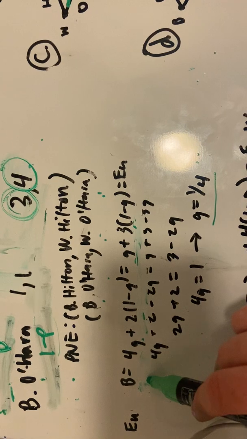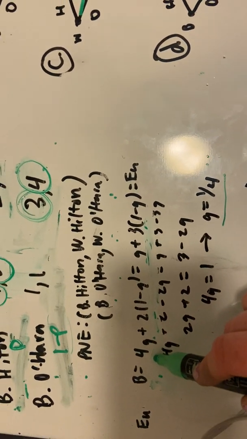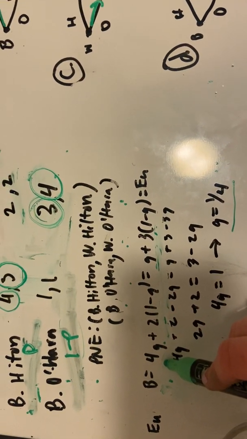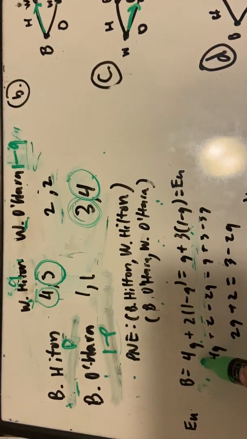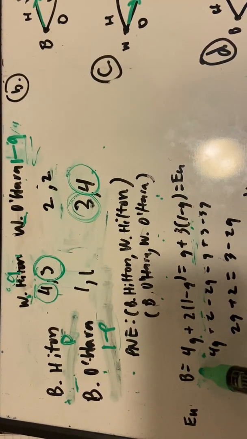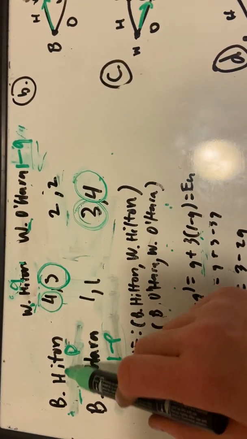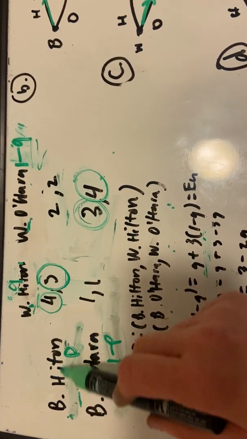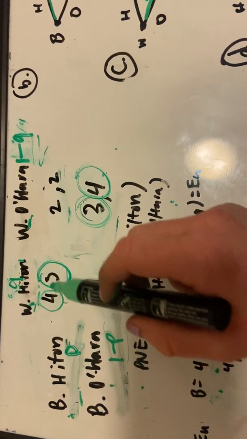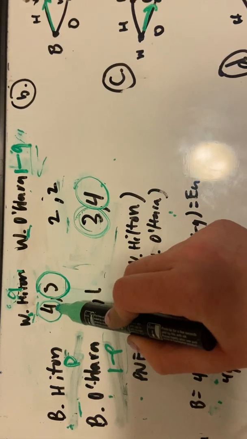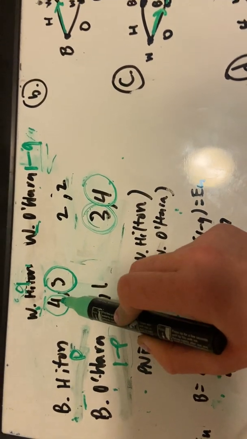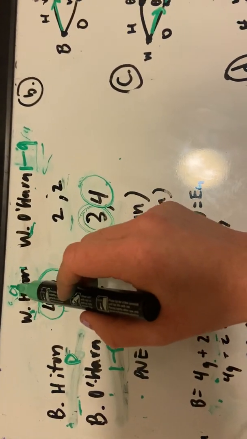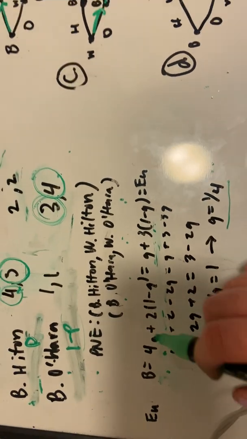This is for brewery, so you get these numbers looking back up in the strategic form game. So when brewery chooses Hilton, then they have a 4, and then winery's choice is represented as a Q, hence the 4Q.